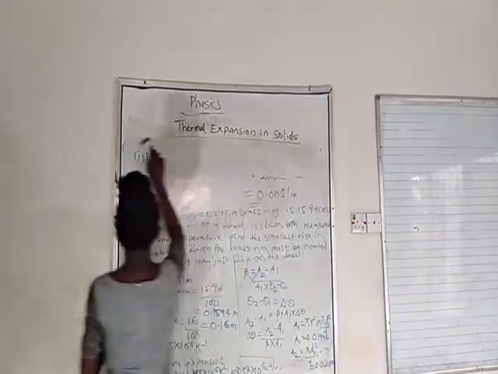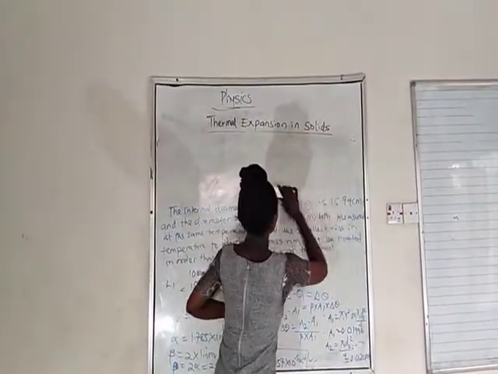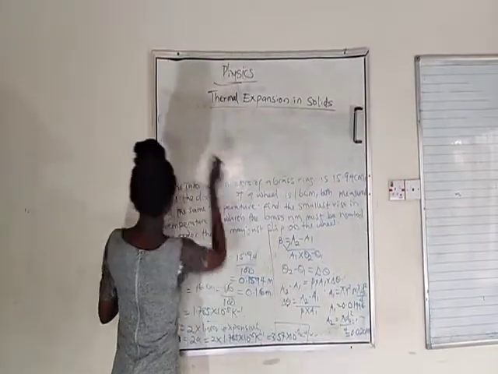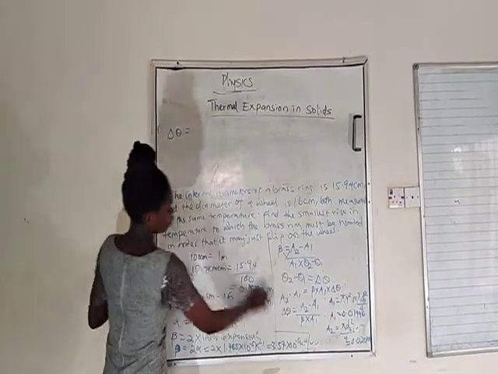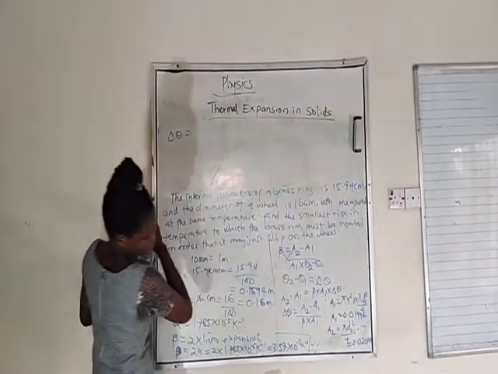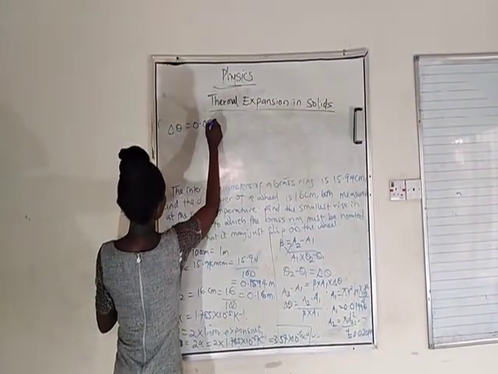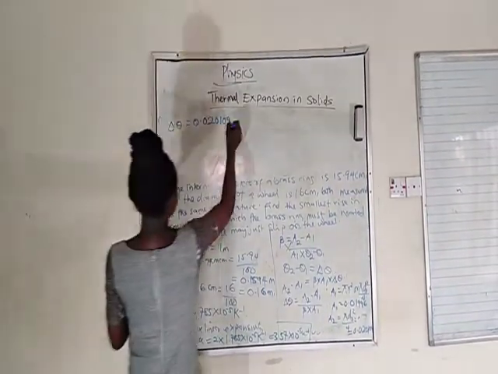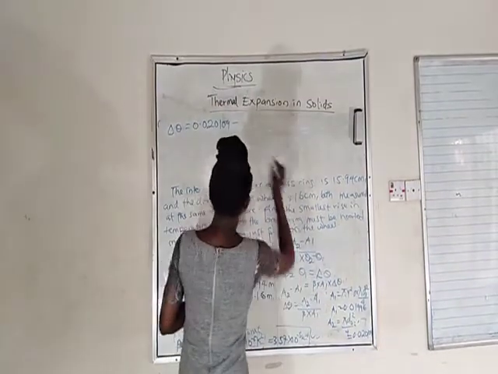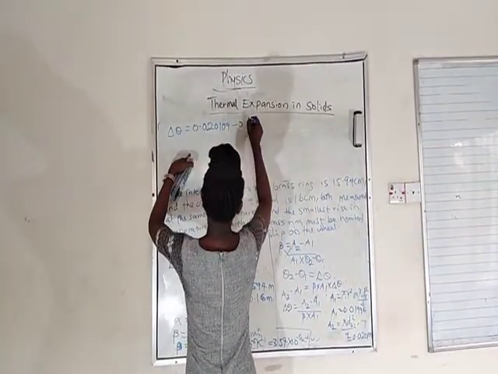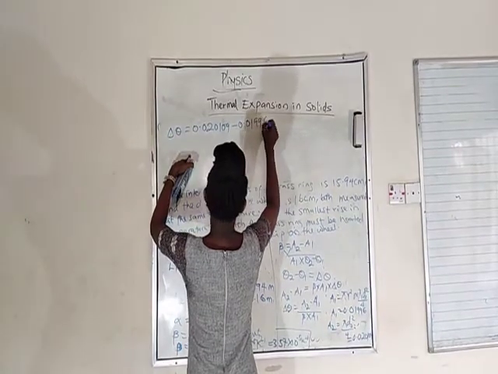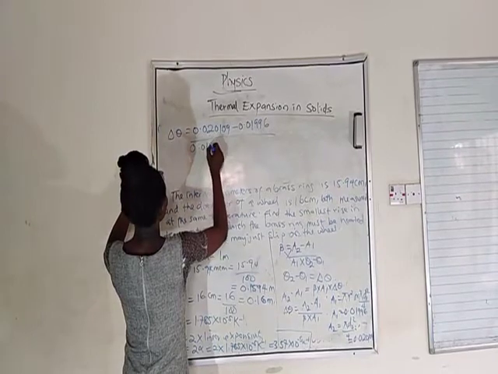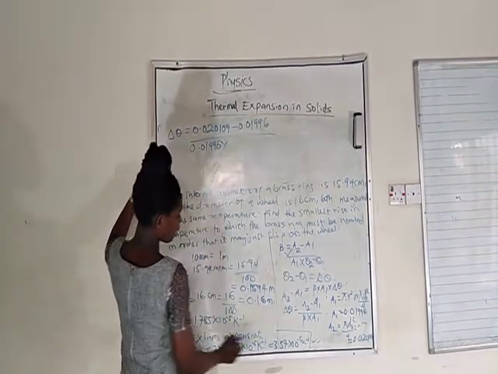We go back up here where we can see everything clearly. So your change in theta is going to give us what? A2, which is 0.020109, minus your A1, 0.01996, all over 0.01996 times what?